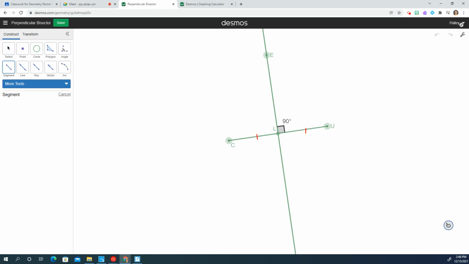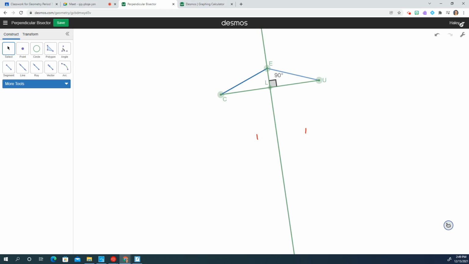So if I find the distance between a point here and the endpoints, no matter where point E is on the perpendicular bisector, can you see that those lengths look like they'll always be the same? Okay, that's what this theorem is. It's true. These will always be the same if it's perpendicular and if it bisects, crosses at its midpoint.